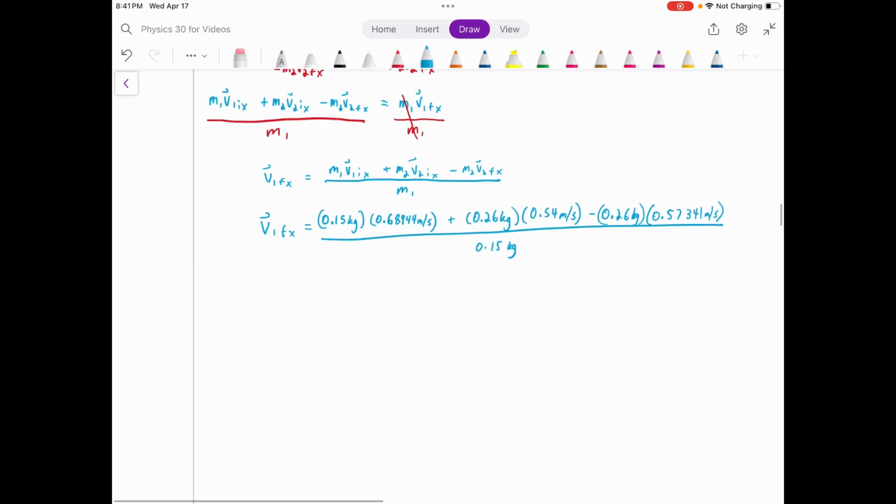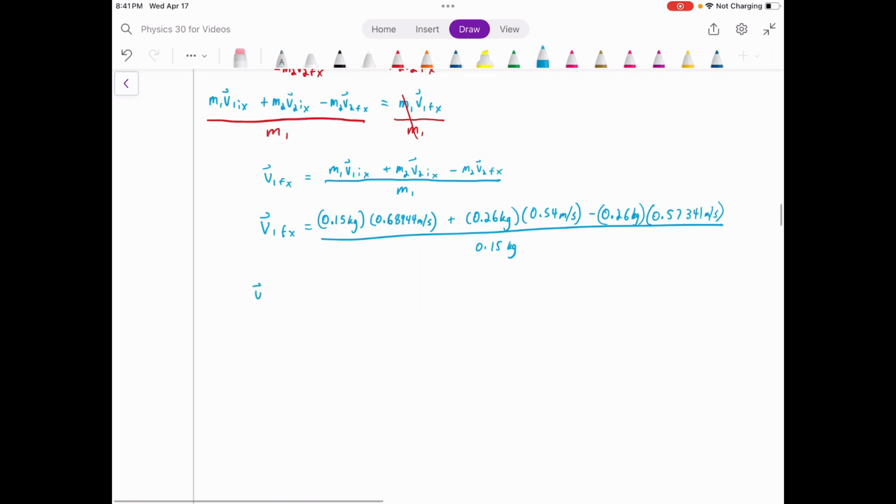Now we just need to put this in our calculator. I would recommend breaking it up into steps. Don't try to put this all into your calculator in one big step. Multiply these together, hit enter, get your result. Multiply these together, add it to that result, and then multiply these together, subtract that, and then divide it all by 0.15.